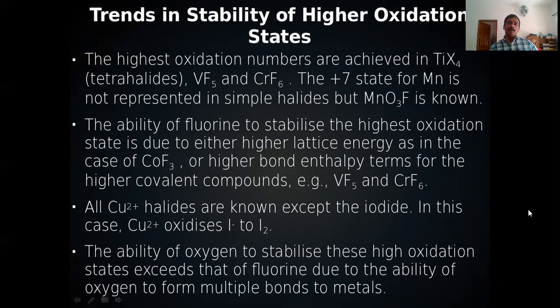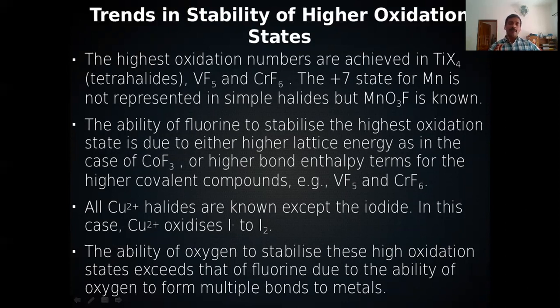The highest oxidation numbers are achieved in the case of tetrahalides, for example TiX4, VF5, and CrF6. The +7 state for manganese is not represented in simple halides, but in MnO3F, an oxyfluoride.